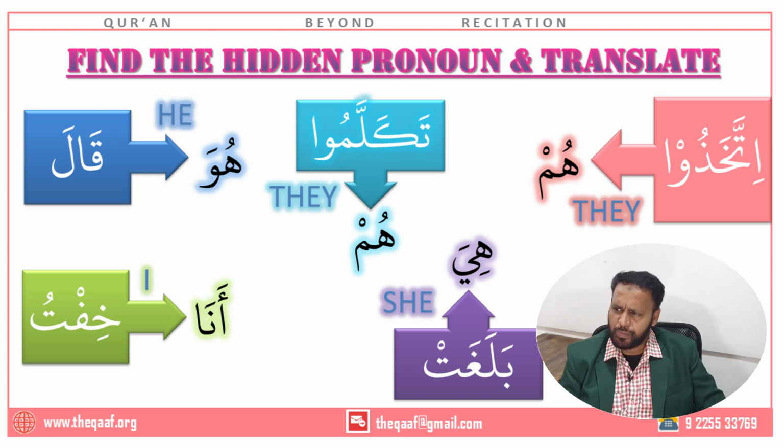Nasaru was third person masculine plural, and the pronoun for third person masculine plural is they. So this one will be they. Hum is the pronoun which means they. This is how we decode it. Using the Nasara table and the pronoun table together, we come to know what is the inside pronoun.